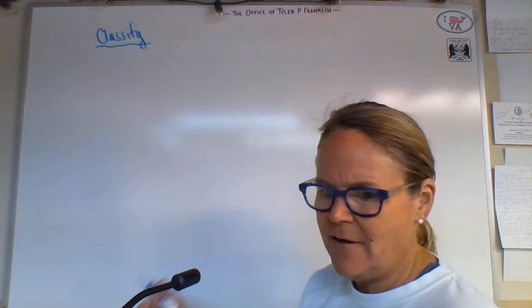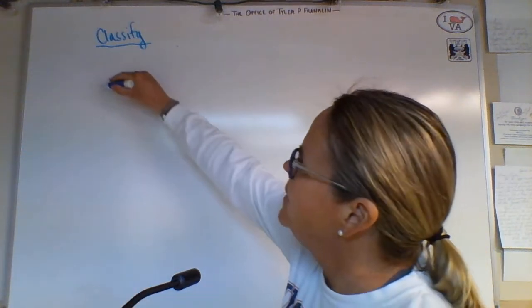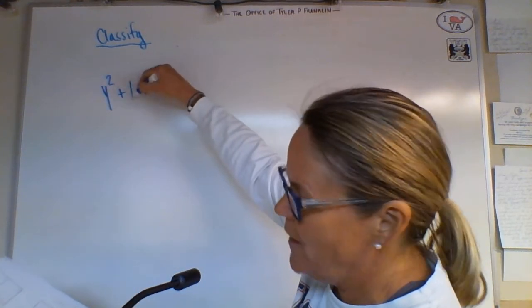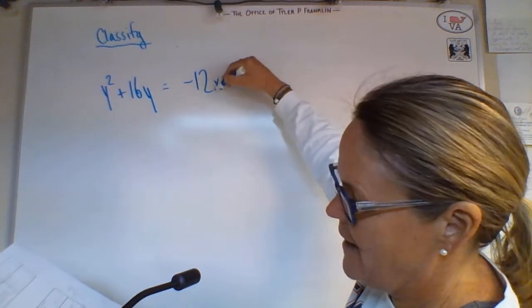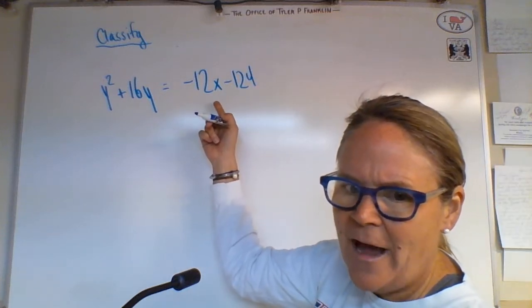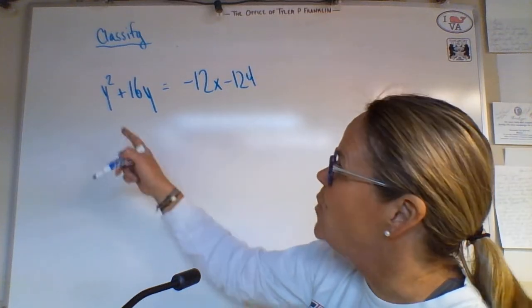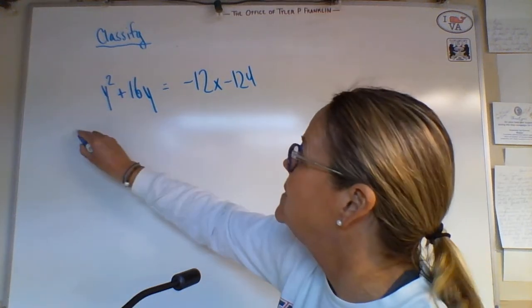Keep that letter on a side by itself. So I'm going to keep y squared plus 16y, and I'm going to take everything else to the other side. I can't complete the square if I don't have a square for the x. So I'm going to complete the square for that. Well, I don't have to take anything out.